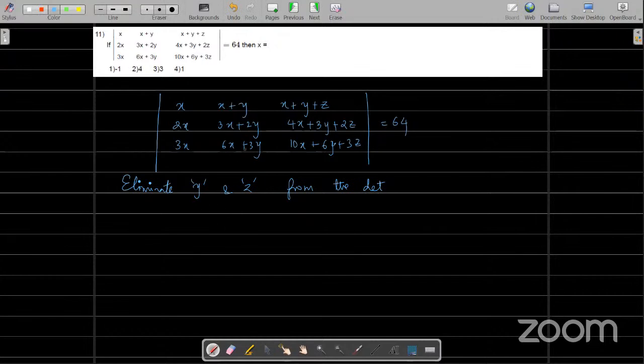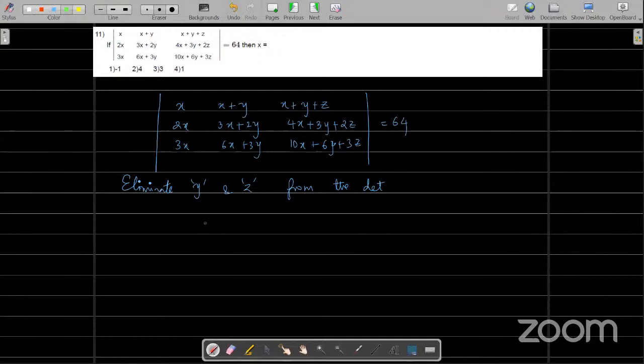Okay. So for that, I can take the second row, subtract from the first row by multiplying it by a certain number, so that I can eliminate the 2y part. So I'll multiply by 2 and eliminate the y.